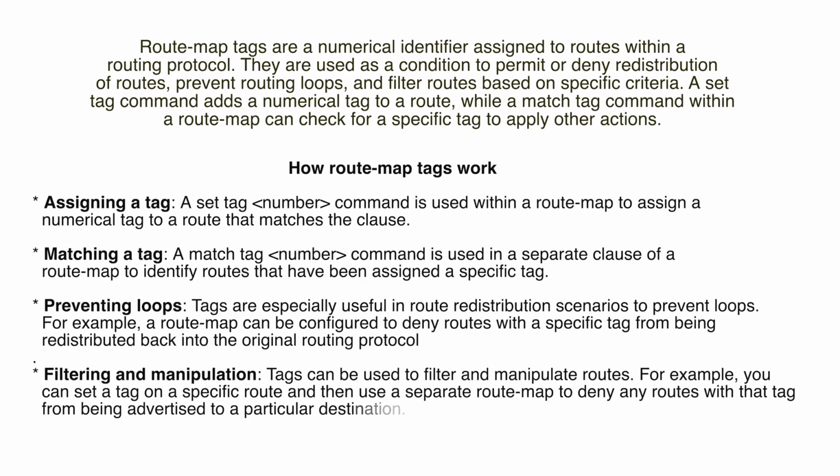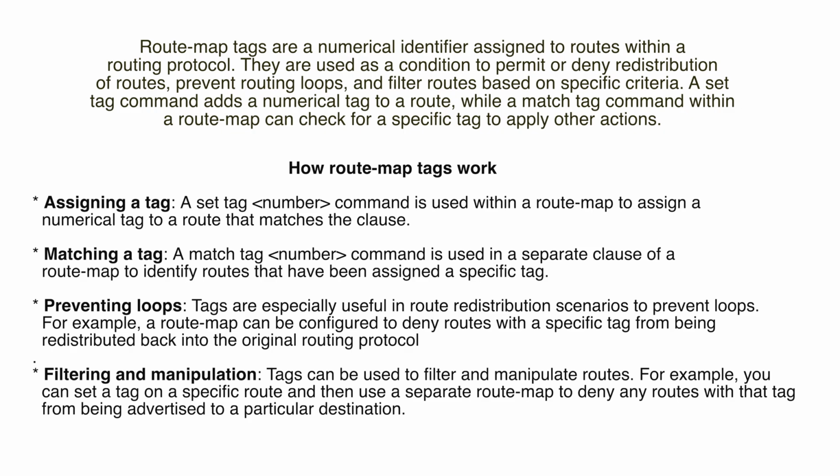So how do route map tags work? Assigning a tag: a set tag number command is used within a route map to assign a numerical tag to a route that matches the clause. Matching a tag: a match tag number command is used in a separate clause of a route map to identify routes that have been assigned a specific tag. Preventing loops: tags are specifically useful in route redistribution scenarios to prevent loops.